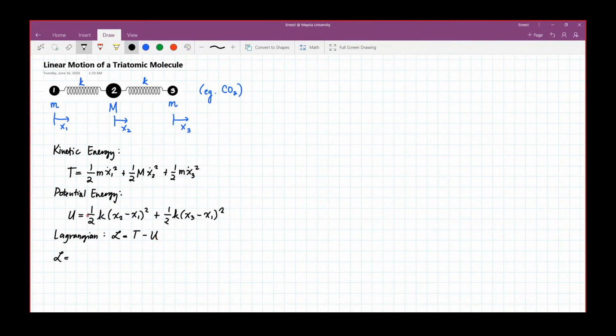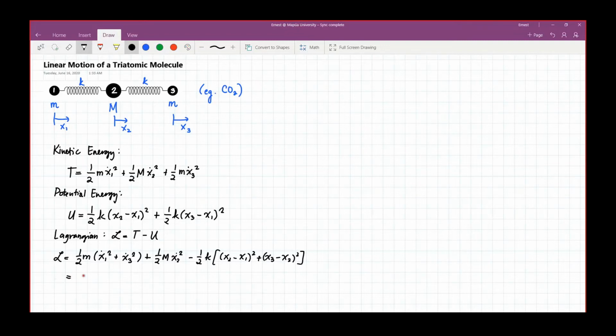The Lagrangian is now equal to 1/2 m times x1 dot squared plus x3 dot squared, plus 1/2 capital M x2 dot squared, minus 1/2 k times the quantity x2 minus x1 squared plus x3 minus x2 squared.